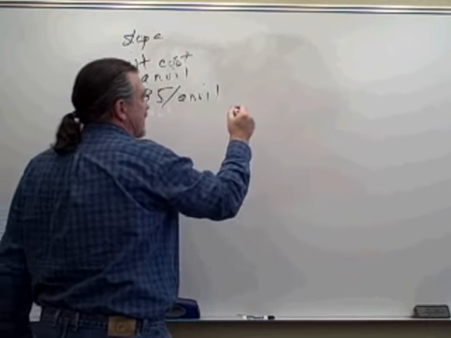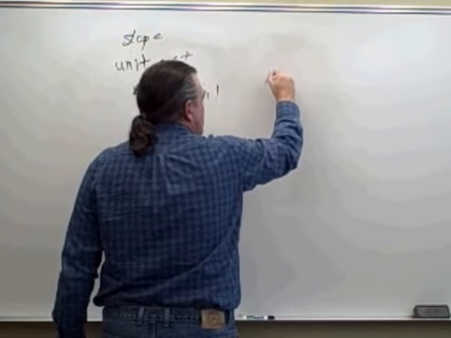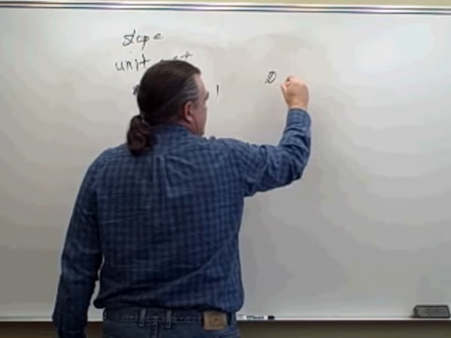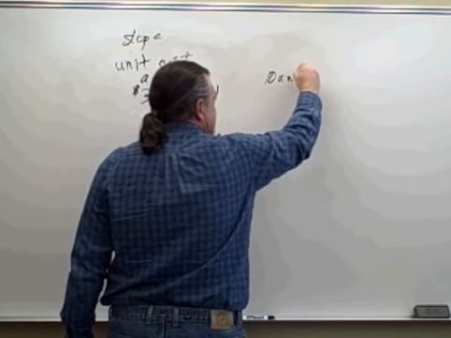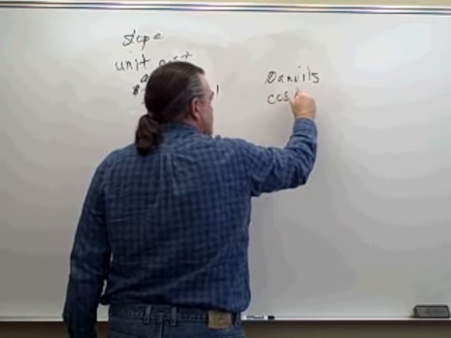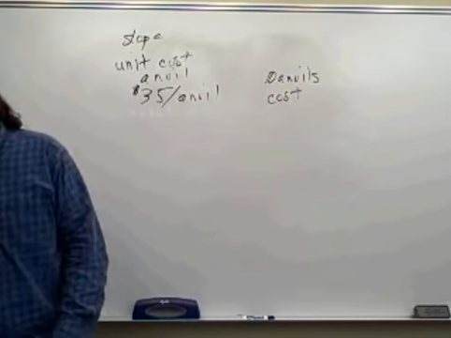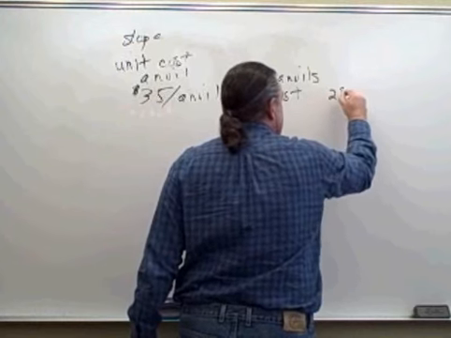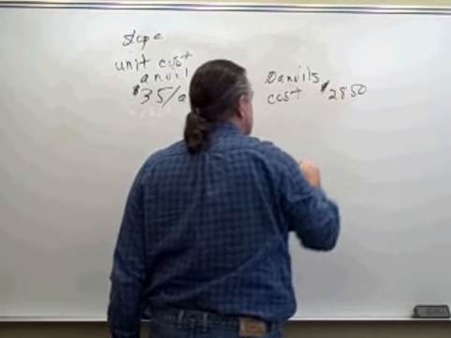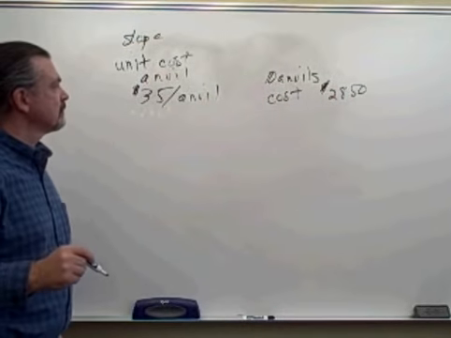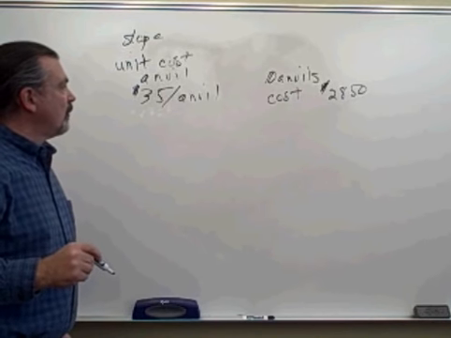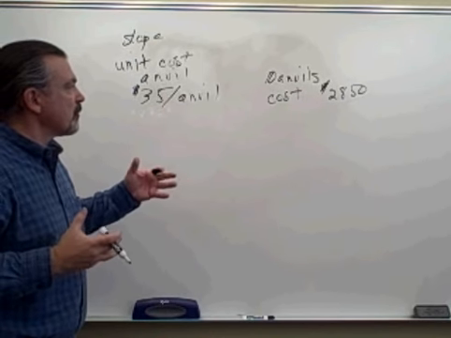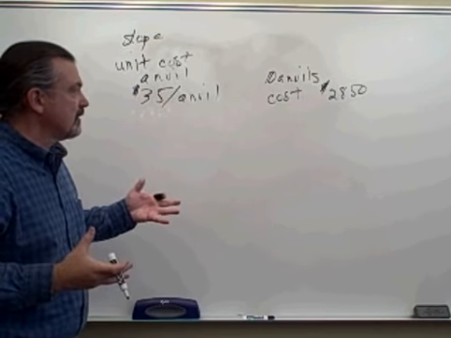But then someone said, one day when we made 10 anvils, the cost of making those 10 anvils was $2,850. In effect, what we were given is a point.